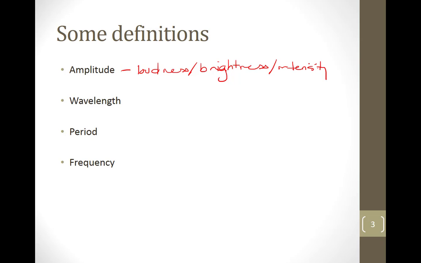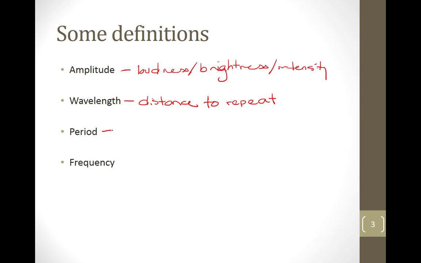So if I think about a sound wave, the bigger the amplitude, the louder it would be. If I think about light, the bigger the amplitude, the brighter it would be, or the more intense it would seem. The wavelength is the distance it takes for it to repeat.